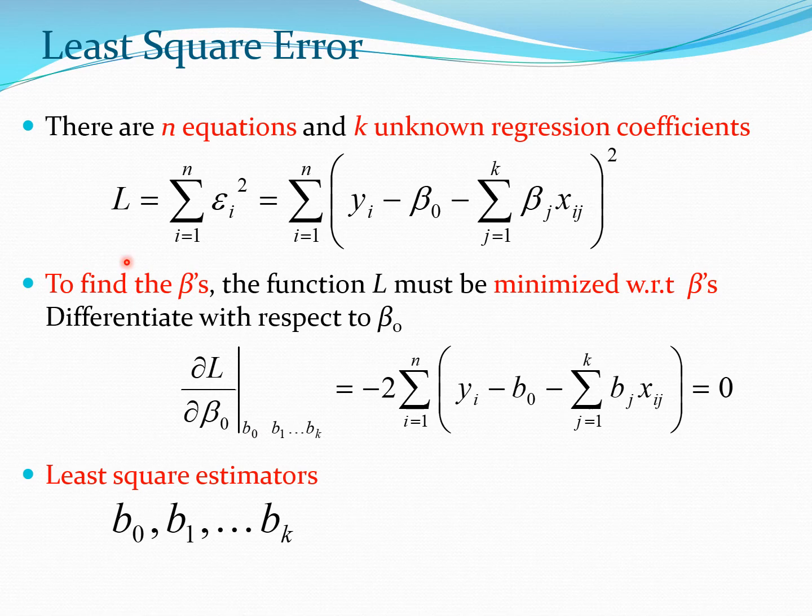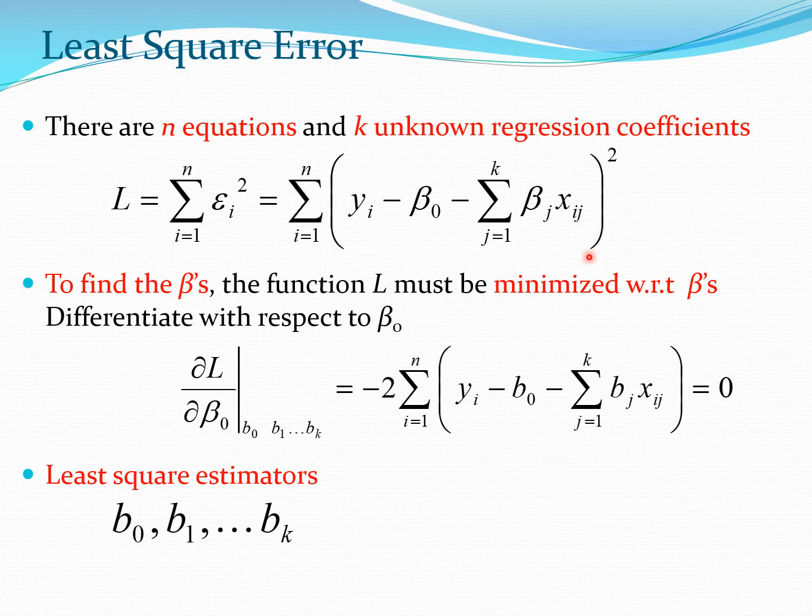So basically what happens in least square is that we first form this function L, which is the summation i is 1 to n over all the epsilon i squares. And the epsilon i square is essentially the lack of fit at any one point between the prediction from the function and the actual model. So here this particular equation is used here, which we will recall is yi minus the model here, and we square this.